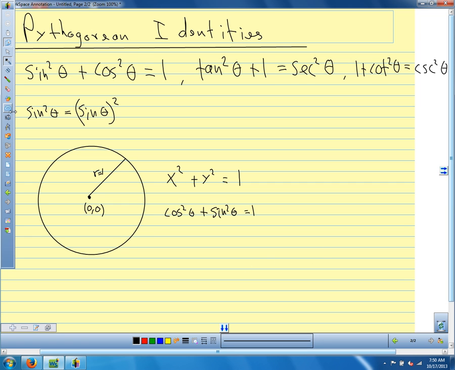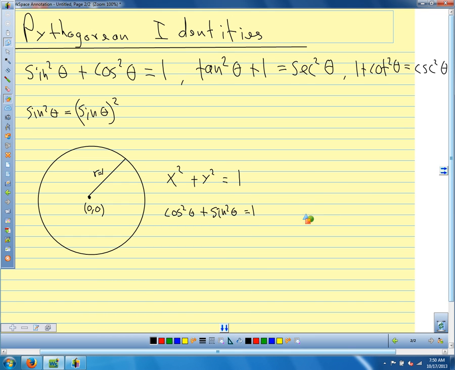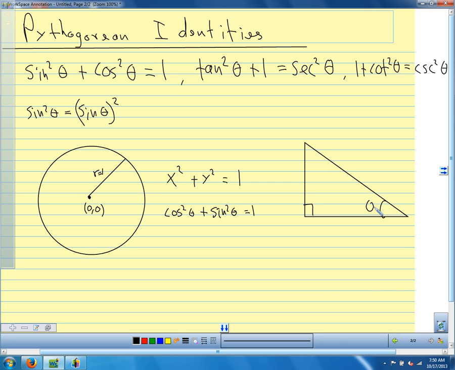Now let's take a look at a triangle. Here's my triangle. Here's my right angle. Here's theta. Here's the opposite side. Here's the adjacent side. Here's the hypotenuse.